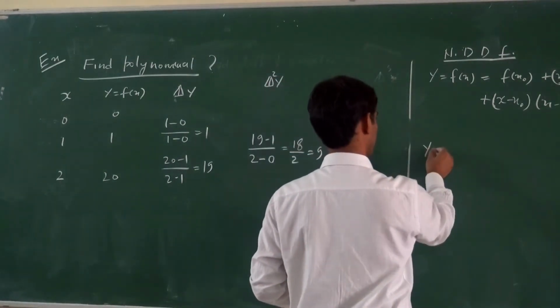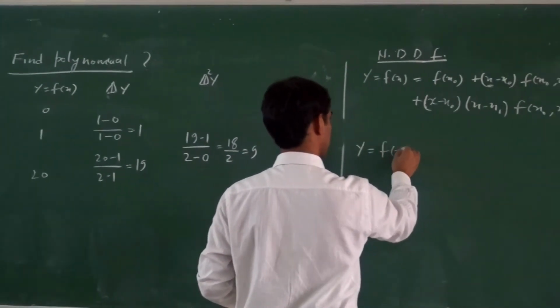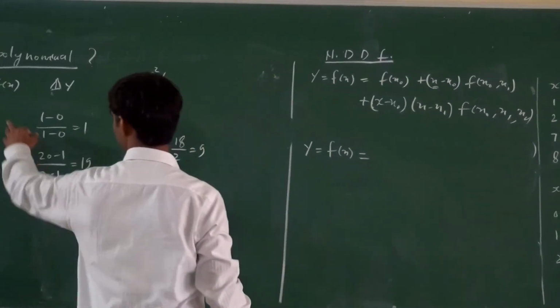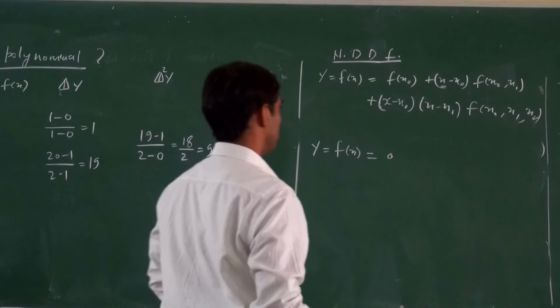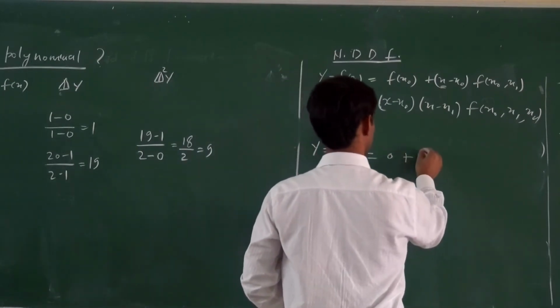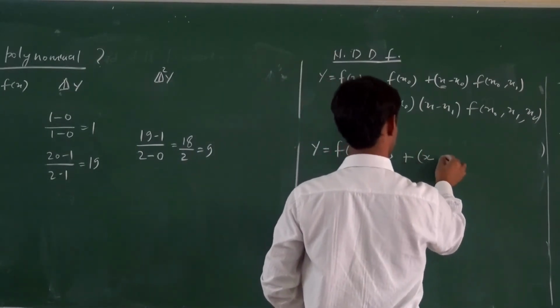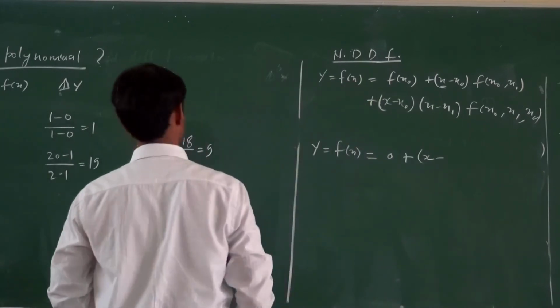So if we put the values here, y equals f of x, what is the value of f of x0? The value of f of x0 is 0. Plus x minus x0, where x0 is 0.